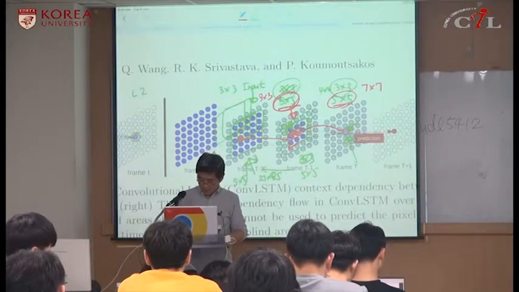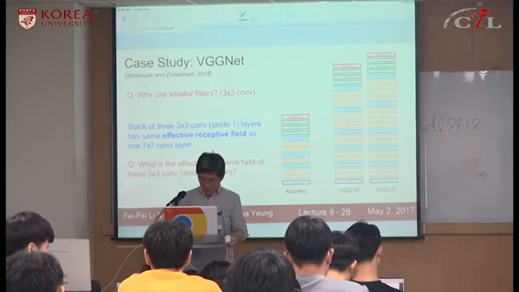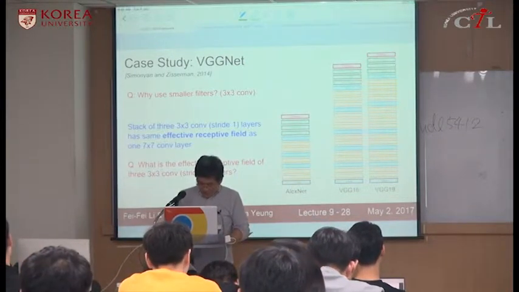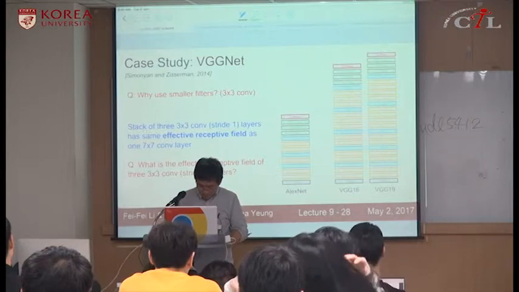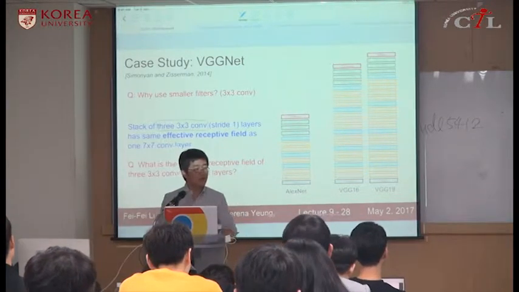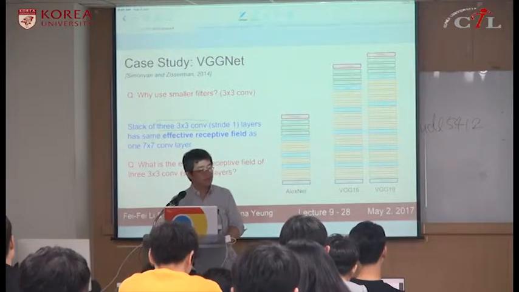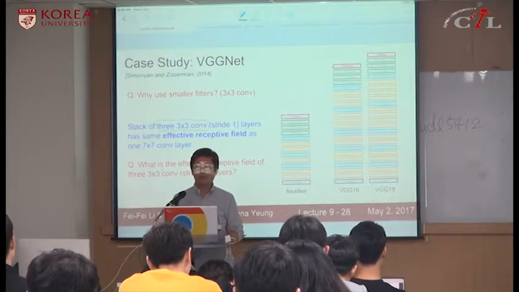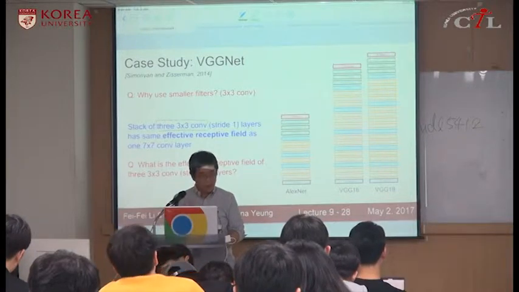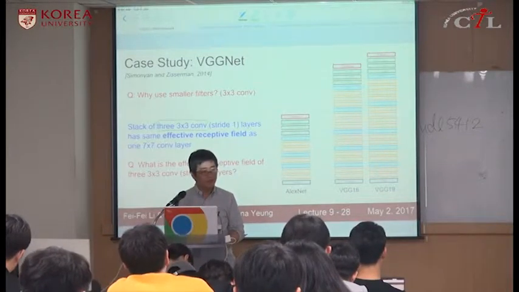Okay, and then now let's get back to here. So here the situation is we stacked 3 convolution layers where each convolution layer has a filter size of 3 by 3, right? And so what will be the receptive field size?